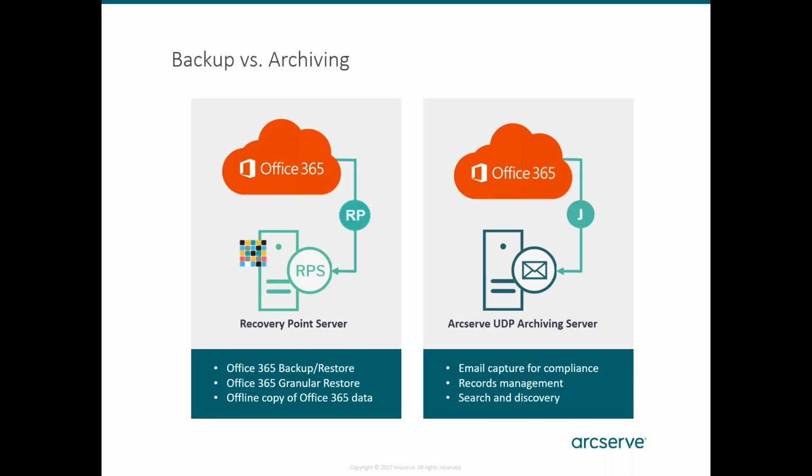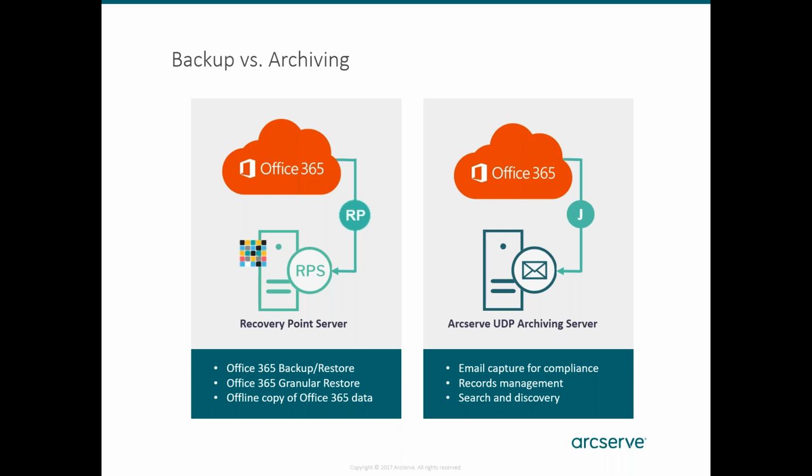If I look a bit more into our side of things, if you have Office 365, we provide the backup and the restore. We provide a granular restore of your backup. So you can back up your calendar items, your email items, obviously all the items, and you can store them locally in what we call a recovery point server. That recovery point server is installed on premise.